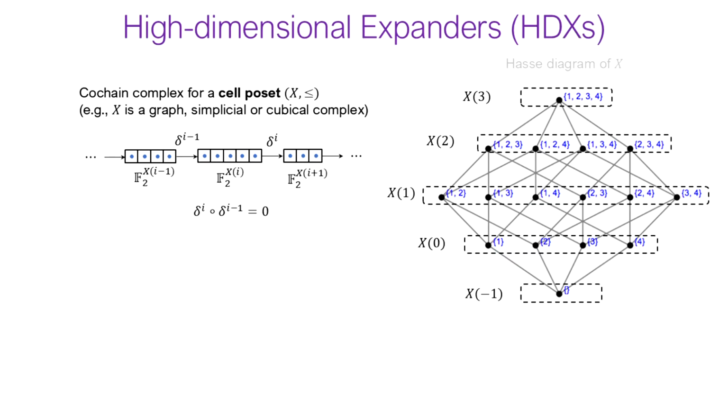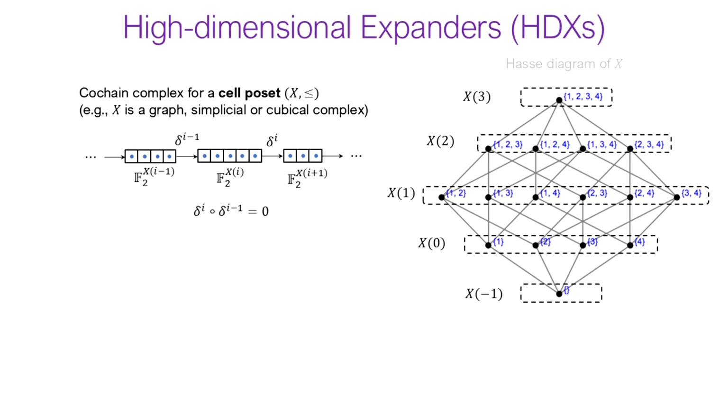Okay. And what is a high-dimensional expander? A high-dimensional expander is an idea that was originally motivated by topology, but it found a lot of application in computer science, mostly for locally testable codes, first of all. And the idea is very simple. It's just a high-dimensional generalization of this co-boundary expansion for graphs.